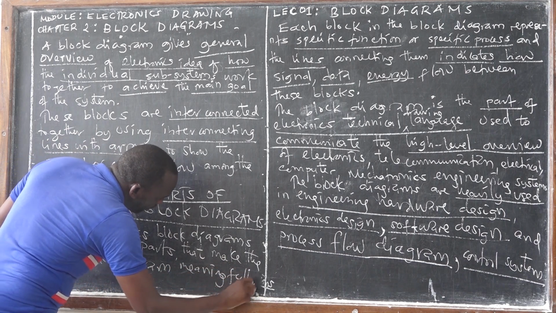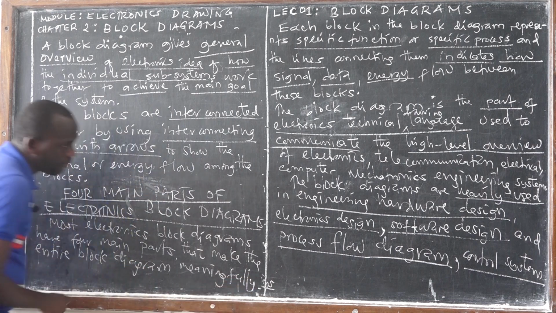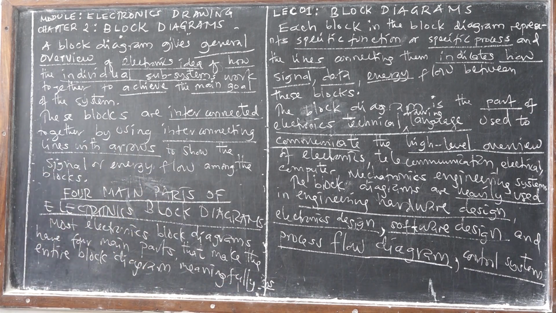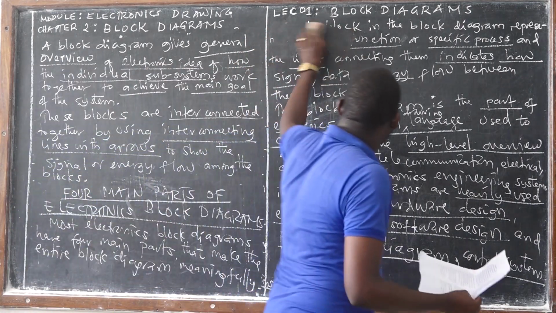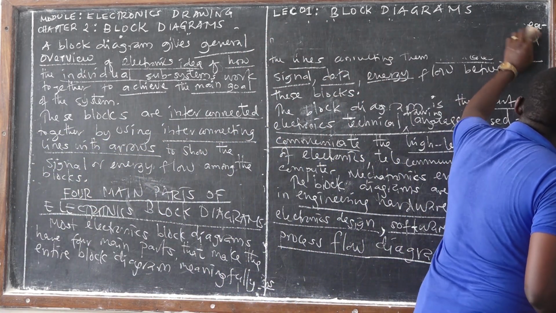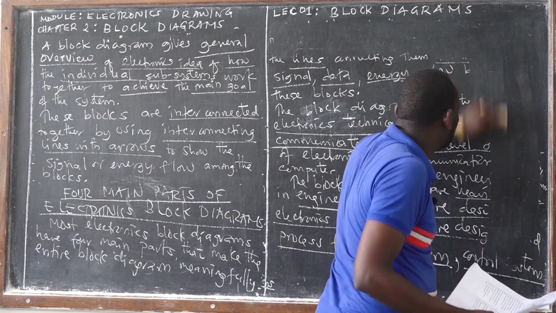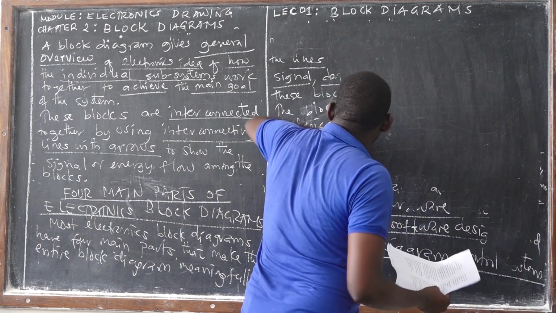That means you can draw a block diagram without including the four main parts, but your block diagram will fail to communicate some of the information of that particular system.